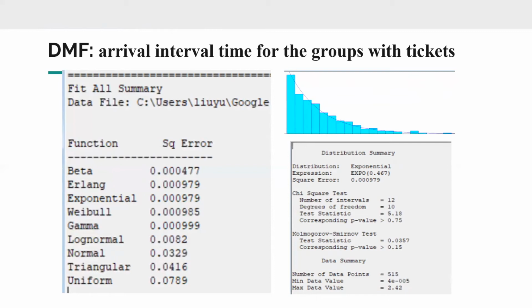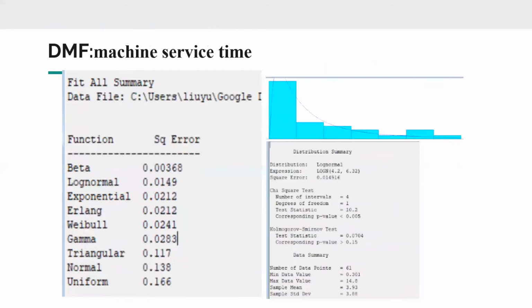Because the exponential distribution is memoryless, each arrival interval time is independent of the others. For the machine service time, we prefer the lognormal distribution with a mean of 4.2 and a variance of 6.32 because lognormal was the best fit to address the data skewness.